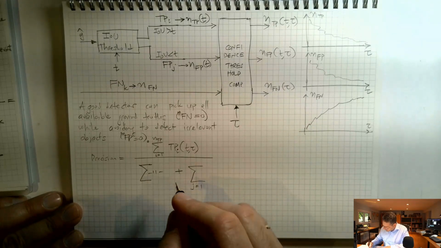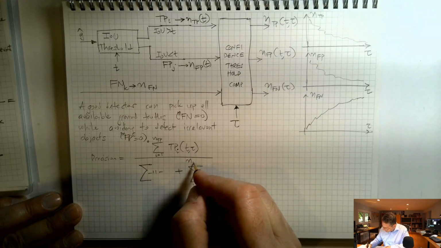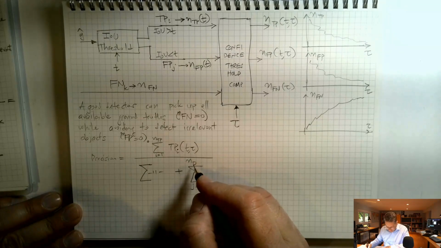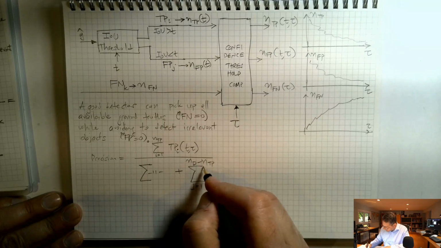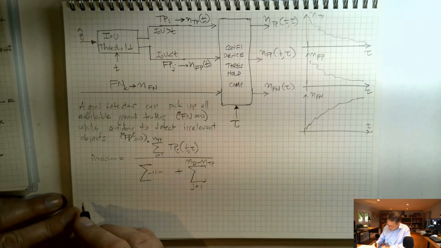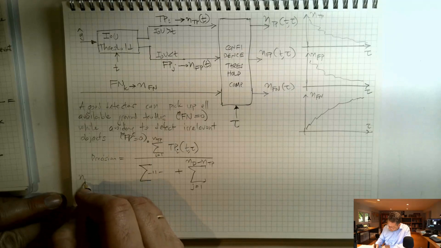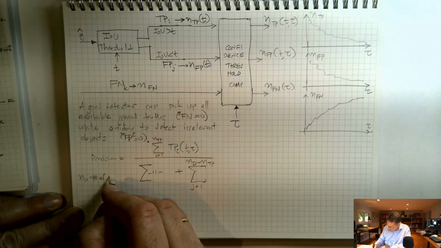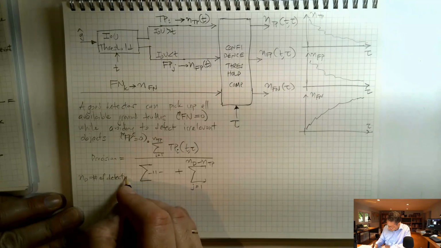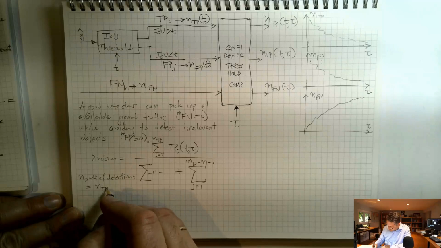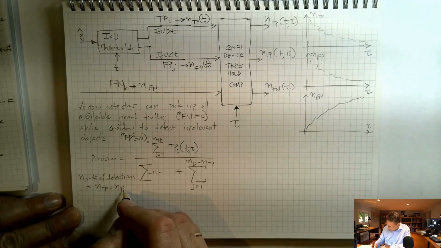from j equal to 1. Now I am going to define a new counter called number of detections in general, minus NTP. So instead of calling it the false positives, I will define here the number of detections as the number of true positives plus the number of false positives.